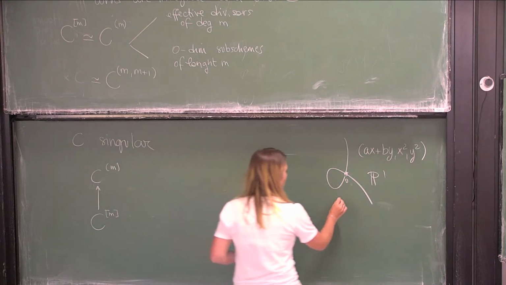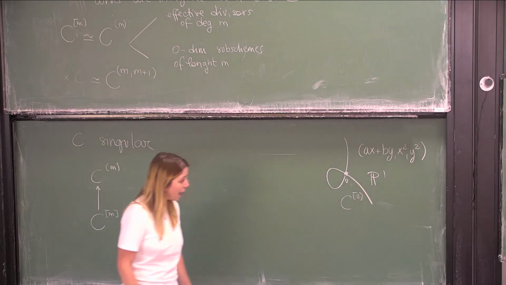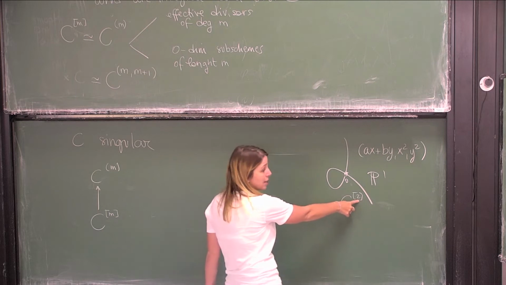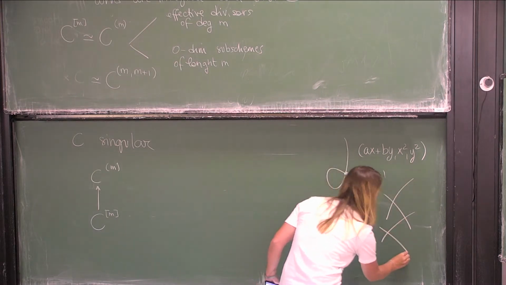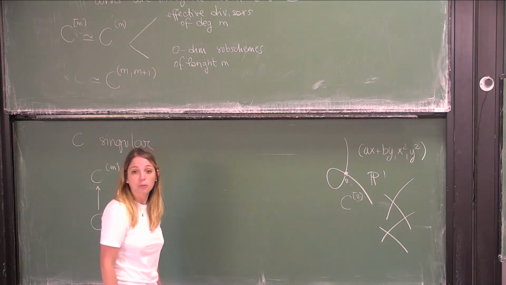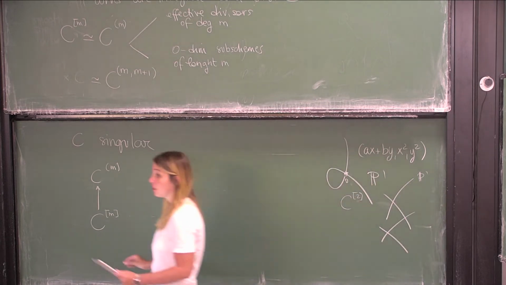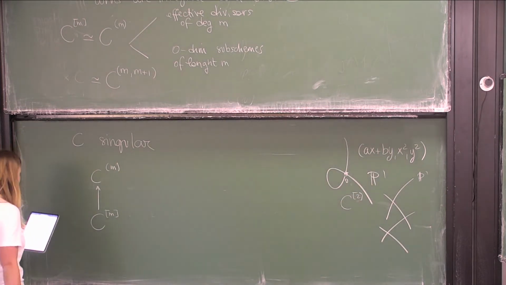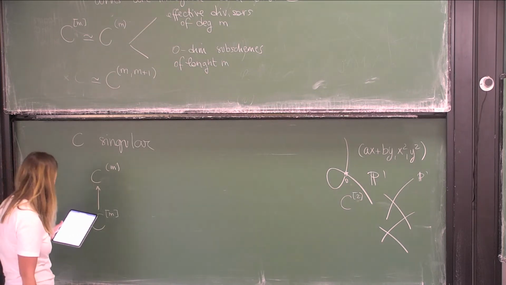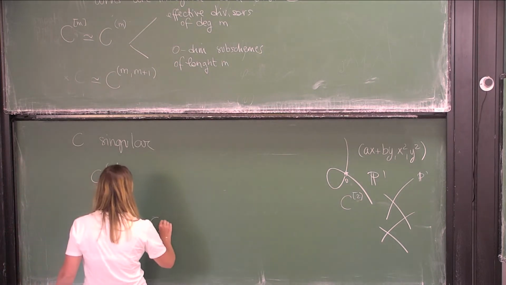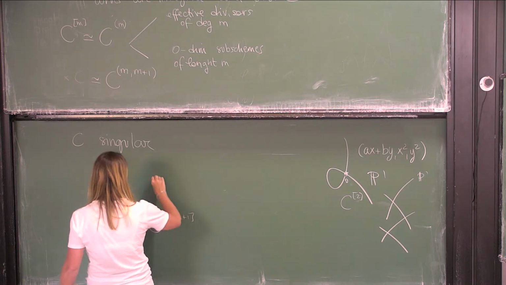If I consider, for example, C2 here, and in general, if I consider Cm of something like that, what I will get is a sequence of m copies of P1. Okay, so they actually differ from each other. There is the so-called Hilbert-Chow morphism. And the same holds if I consider the nested version.